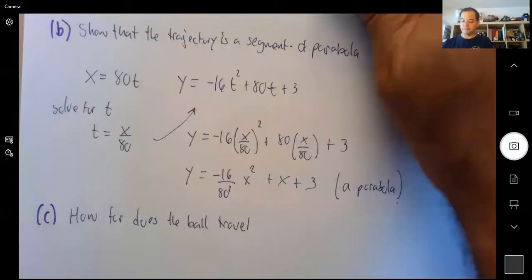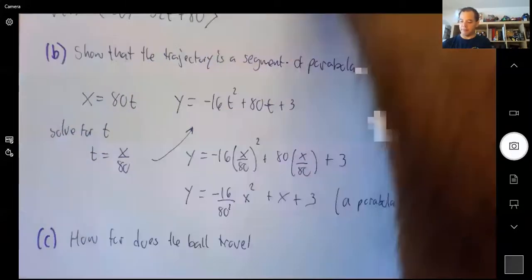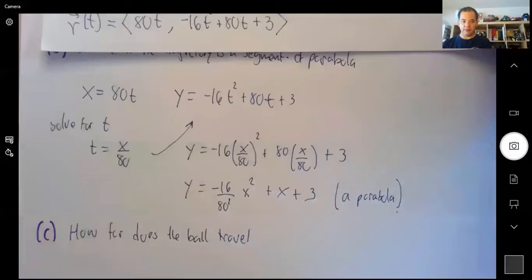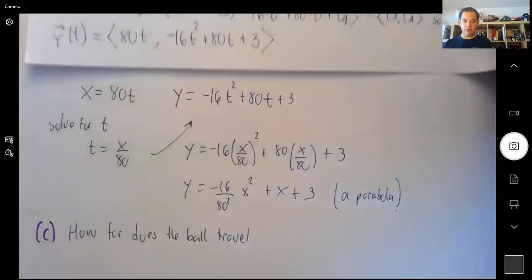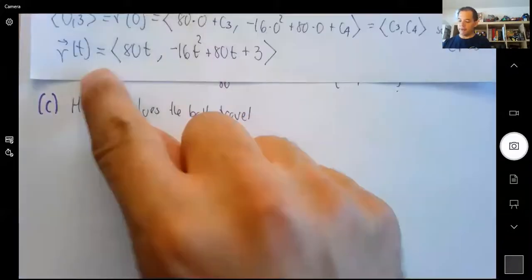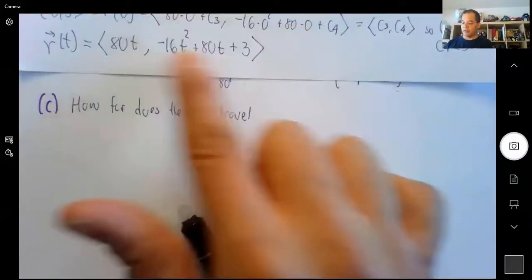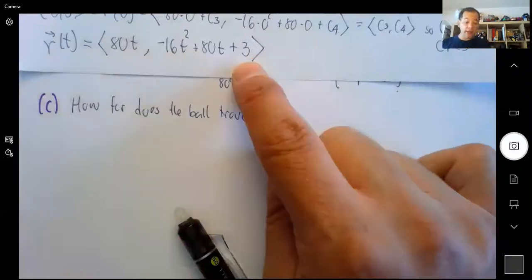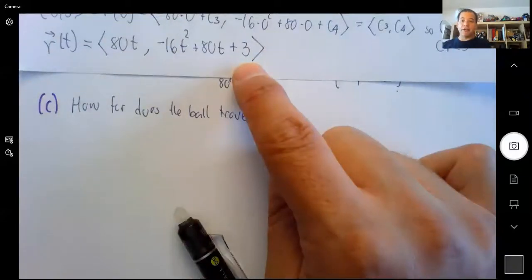Well, let me put this one back here so we know what the r is. So think about it, right? We need to know when the ball is going to hit the ground. And that's easy.